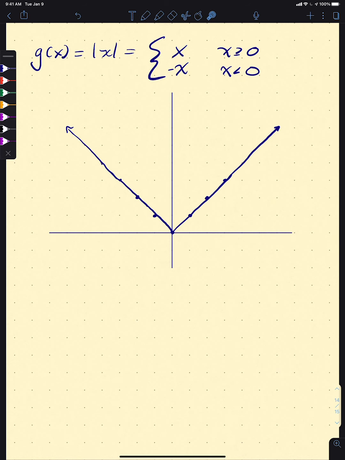So there's no breaks, there's no holes. If I have, say, 2 sets of axes here, I can draw this graph without picking up my pen, so this is a continuous function.